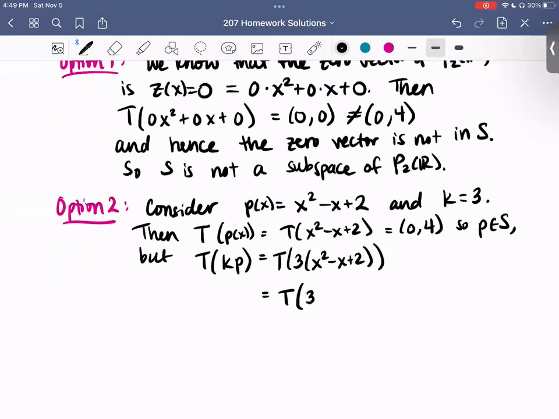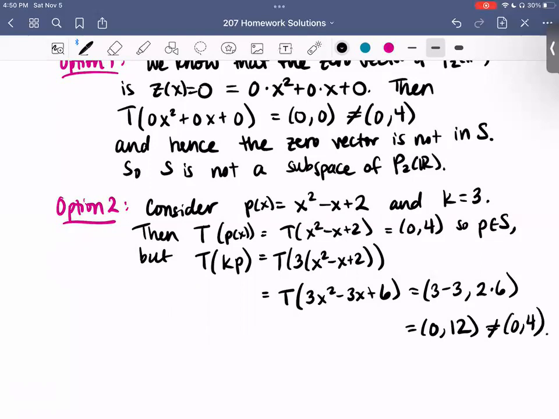We get T of 3x squared minus 3x plus 6. And let's apply the transformation to this now. It says add up these first two elements, so I get 3 minus 3, and then take 2 times whatever is over here, so 2 times 6. And I end up with 0, 12. In particular, that is not equal to 0, 4.